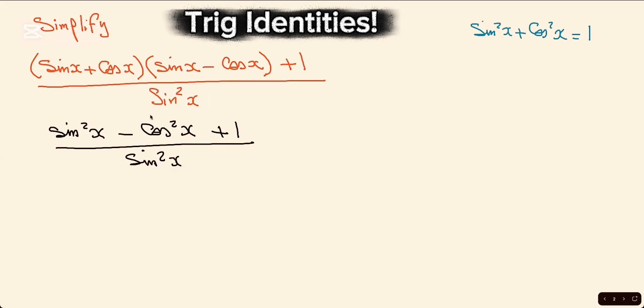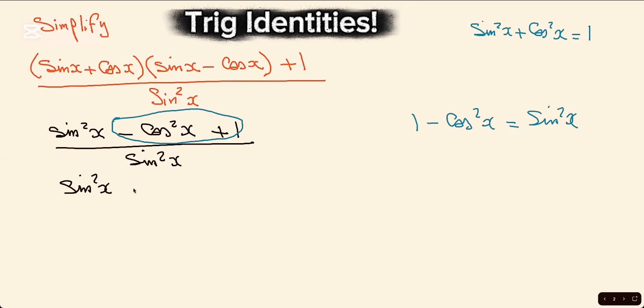Now, if I'm just looking at this part of the equation right here, that seems like it's 1 minus cos squared x if you flip it around, which is, as I said, 1 minus cos squared x will give you sine squared x. And therefore, we could rewrite this as sine squared x, which is this one, plus 1 minus cos squared also gives me sine squared x, all over sine squared x.